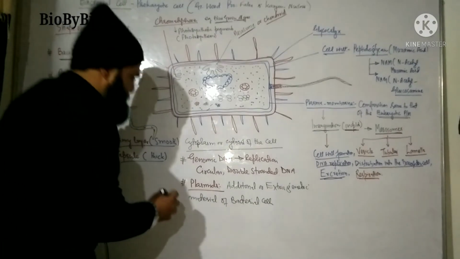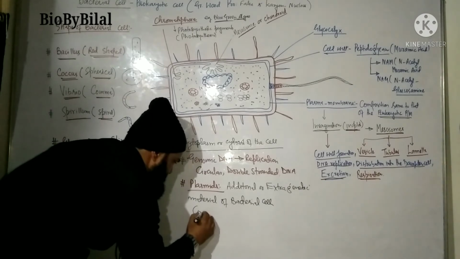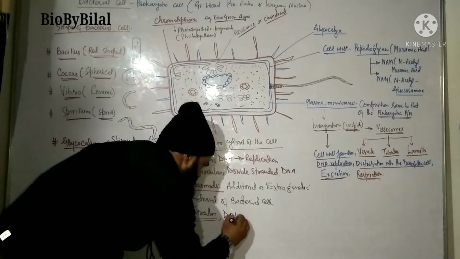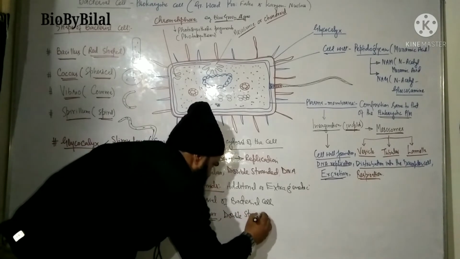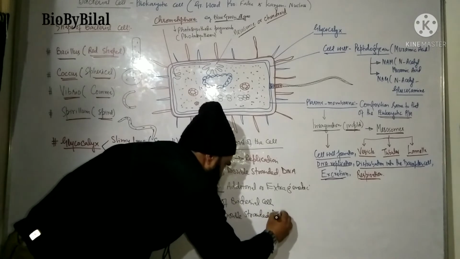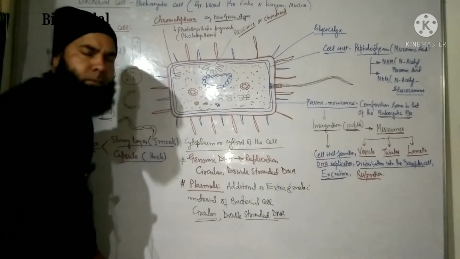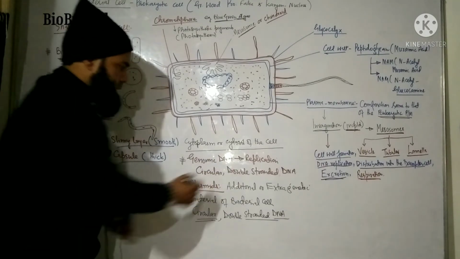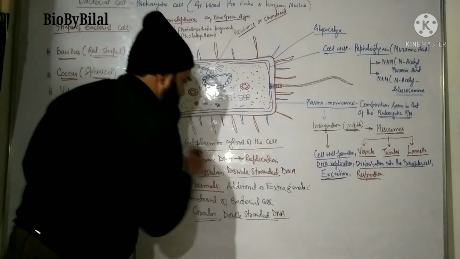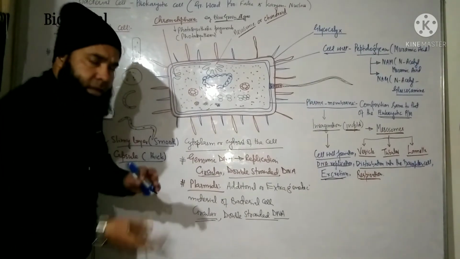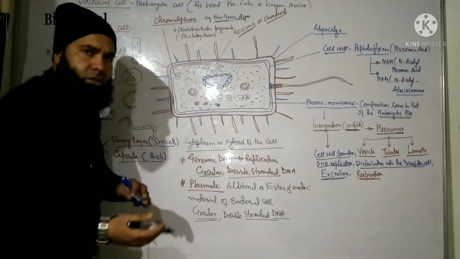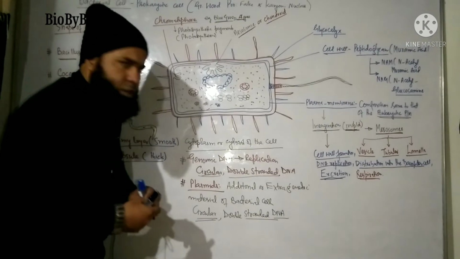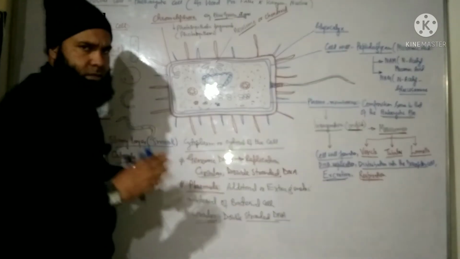This plasmid is also circular, double-stranded DNA. Remember these points. Genomic DNA is also circular in nature, double-stranded, and the plasmid, the additional or extra genetic material, is circular in nature and double-stranded as well. This is found in certain kinds of bacteria.